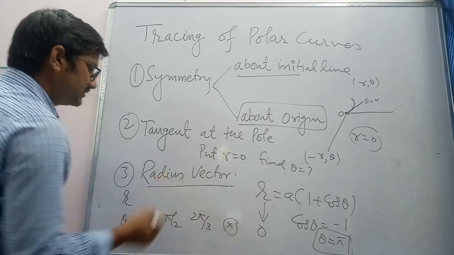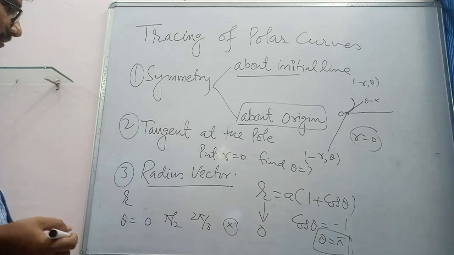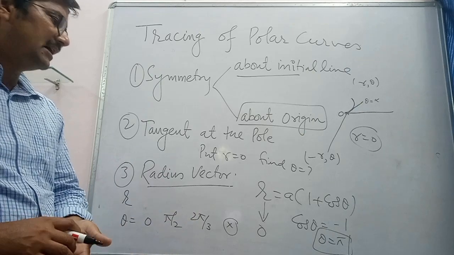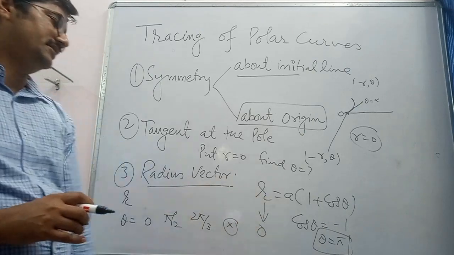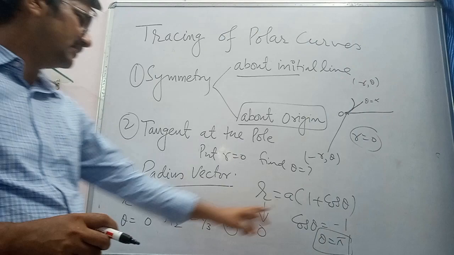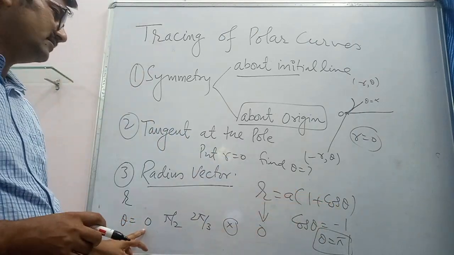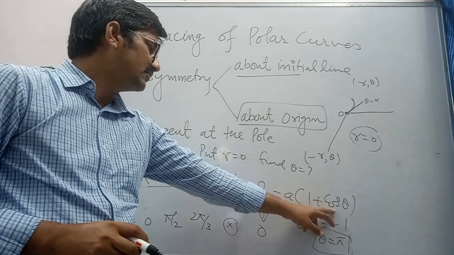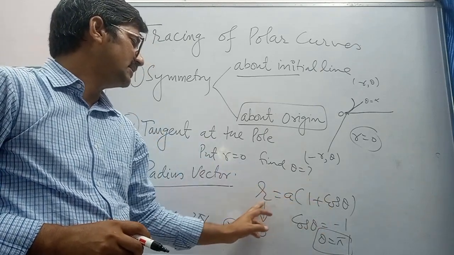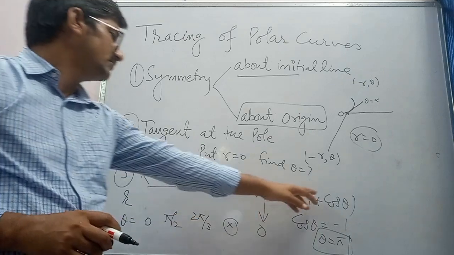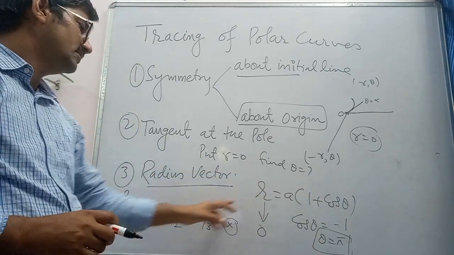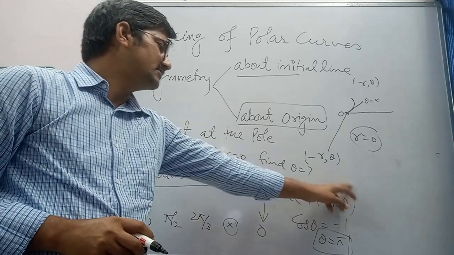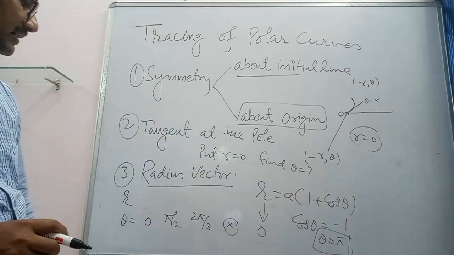We will not consider pi. So we can choose those values of theta for which r can be easily calculated. At theta equal to 0, cos 0 is 1, so 1 plus 1 is 2, so r equals 2a. At theta equal to pi by 2, cos pi by 2 is 0, so r will be a. At 2 pi by 3, cos 120 degree has value minus half, so we can easily find this value.